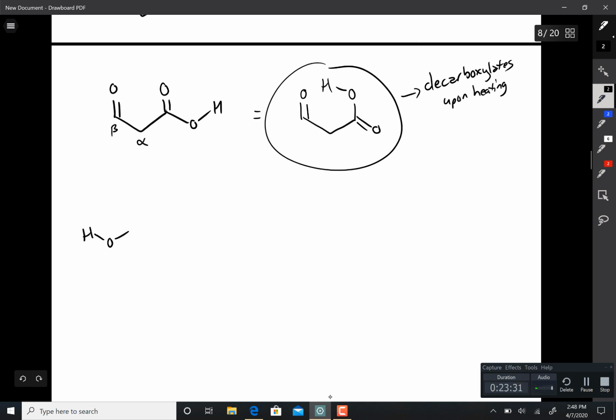The mechanism of that is the following. You form this cyclic transition state where the electrons from the double bond O grab the H, the electrons from the OH bond swing to here, create the oxygen-carbon double bond, and that kicks these electrons over.